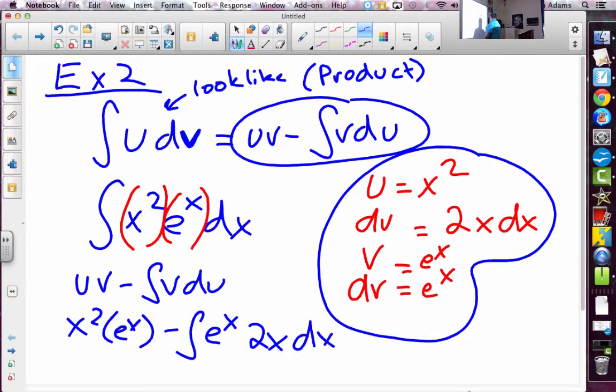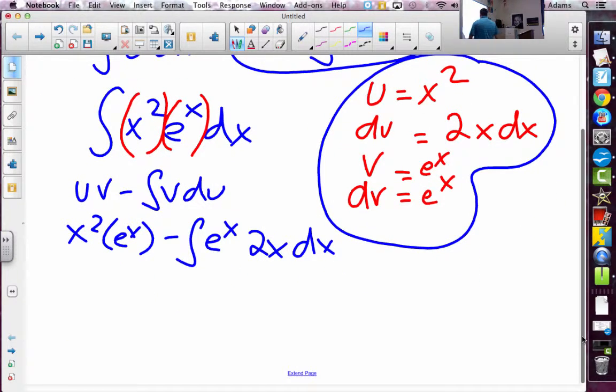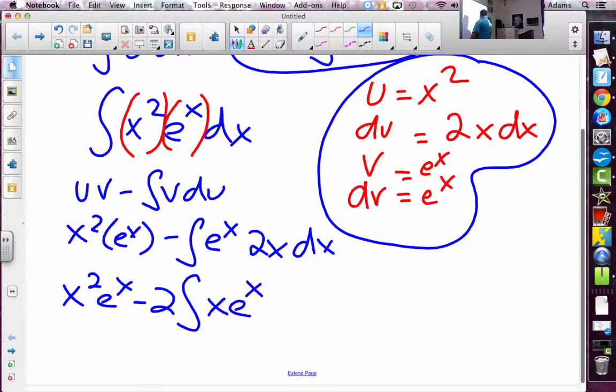So I'm going to clean this up a little bit. This is still x squared e to the x. I'm going to toss the 2 to the front. And I've got x times e to the x dx. Okay?